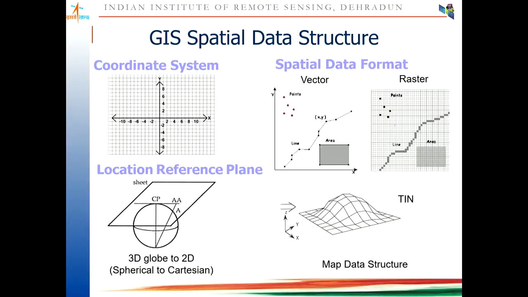That's the case where we have vector representations, and we also have another representation called raster. The difference between these two we'll deal with in detail in coming slides. But currently, the basic difference is that vector is used for discrete objects.